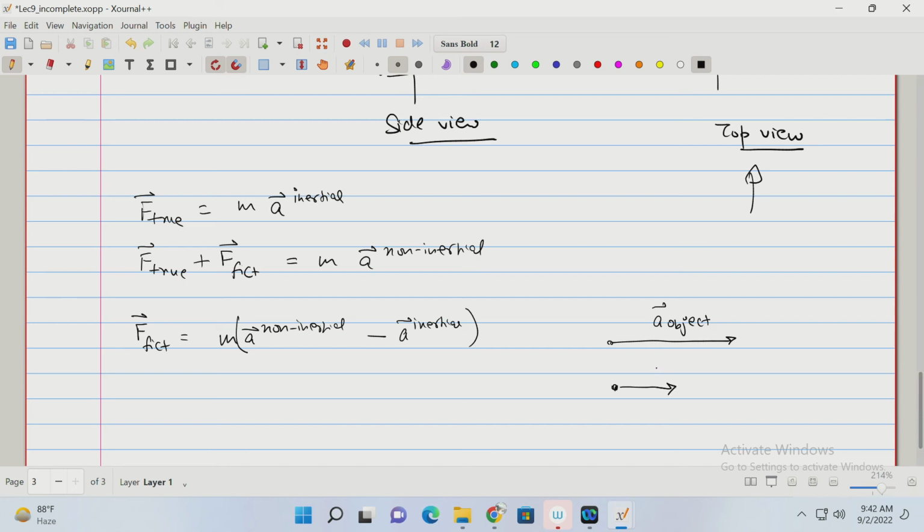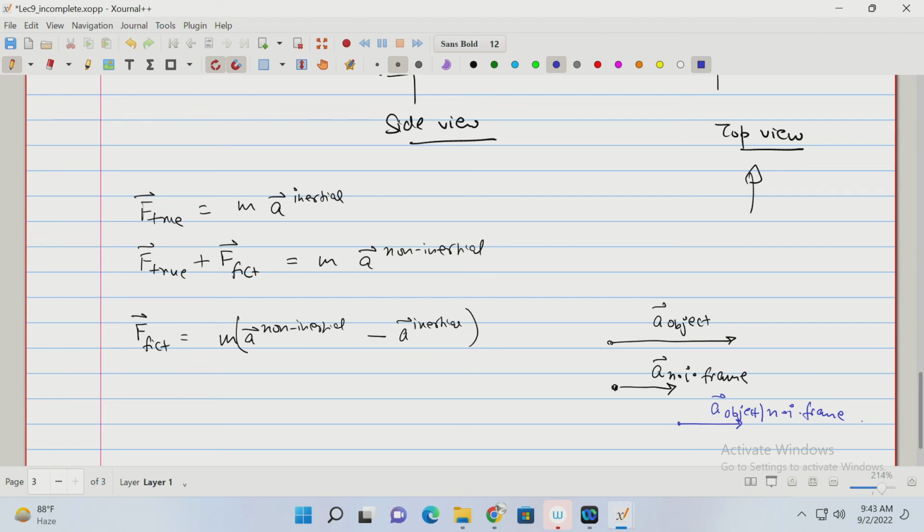Now we have another frame that is now accelerating. Since it is accelerating, it will have its own acceleration. So again, subscript: acceleration of the non-inertial frame. This blue one is the acceleration of the object measured with respect to the non-inertial frame.